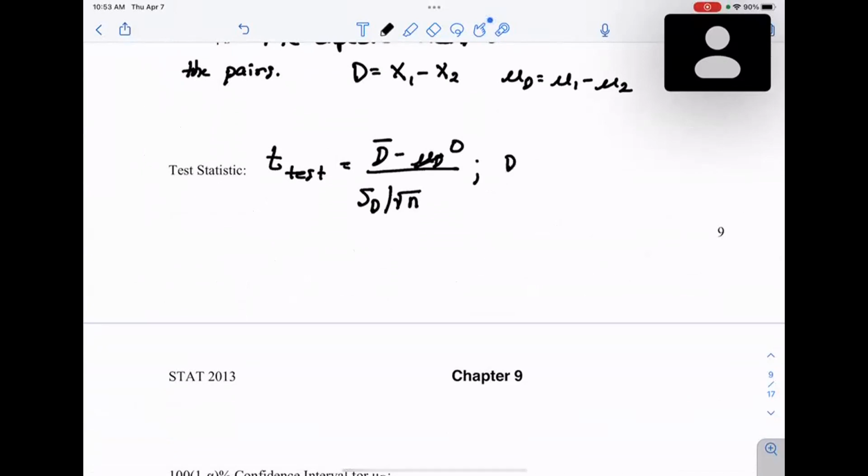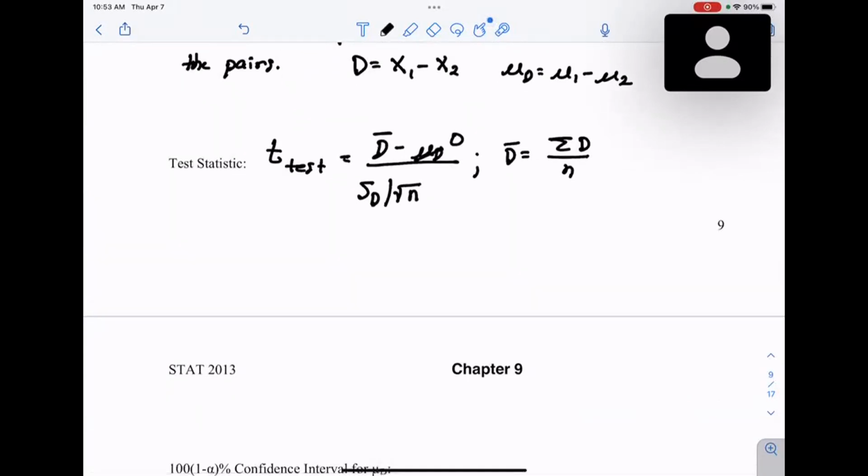And d bar is equal to the sum of all the differences divided by the total number of differences you have, n. And then SD, this one's not fun.